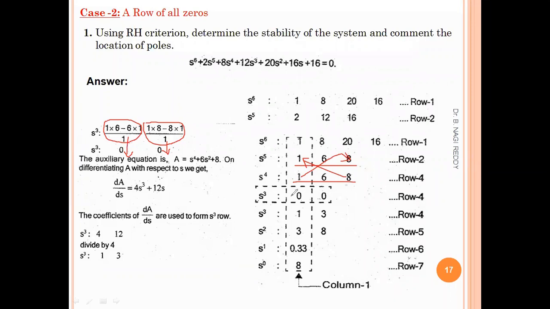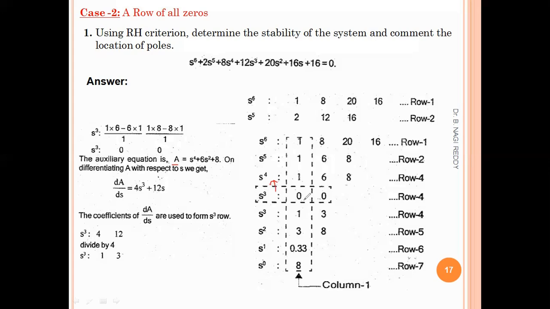For this type of problem, what we need to do is, so s cube coefficients are 0. So the next power of s cube is s power 4. So we need to write an auxiliary equation, named A, and this auxiliary equation can be written based on the coefficients of the next s power.